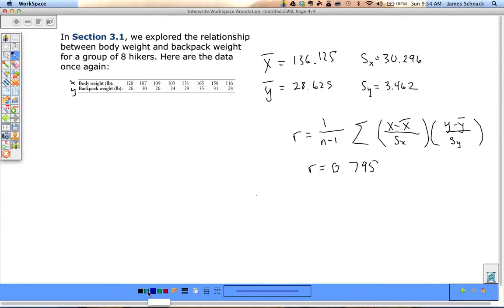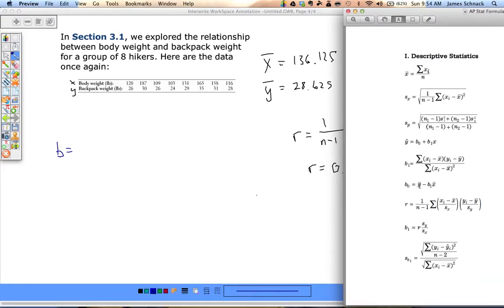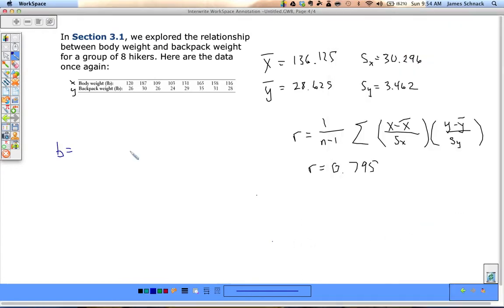So, how do we find the slope? We go back to our formula sheet: the slope is r times the standard deviation of y over the standard deviation of x. So 0.795 times 3.462 divided by 30.296. Crunch those numbers, you've got the slope. How do we get the y-intercept? Call it a, call it b, call it whatever you will.